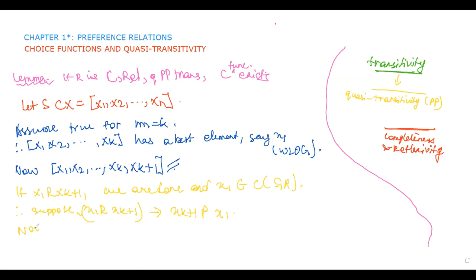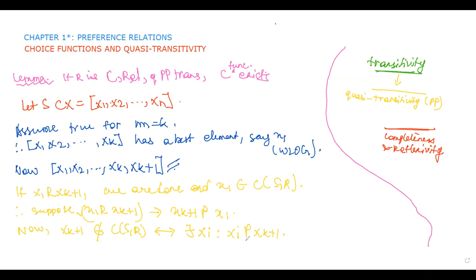Now, xk+1 will not belong to C(S, R) if and only if there exists an x, let's say xi, such that xi P xk+1. Why is this true?